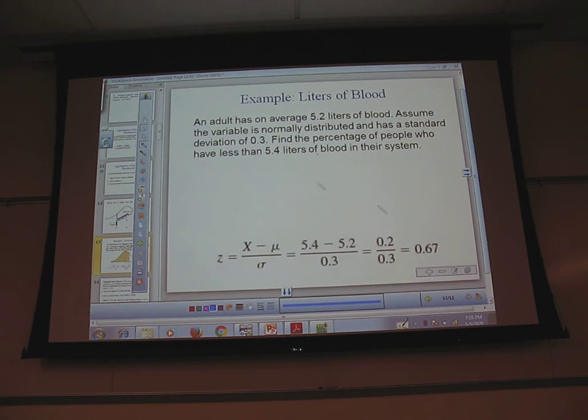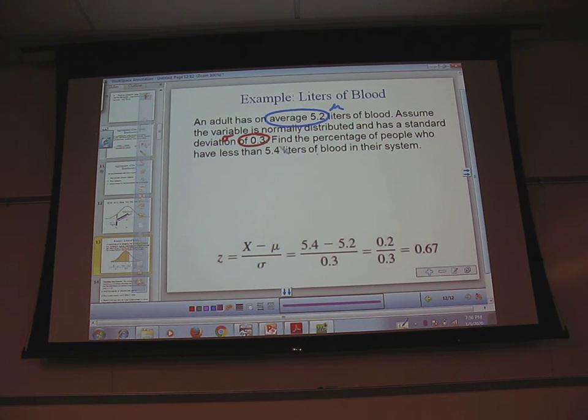So first, an adult has an average of 5.2 liters of blood. What's 5.2? It's my average. Average is what? Mean. That's my mu. Normally distributed, standard deviation of 0.3. What's that? It's my standard deviation. Sigma, good. Find the percentage of people who have less than 5.4 liters of blood.